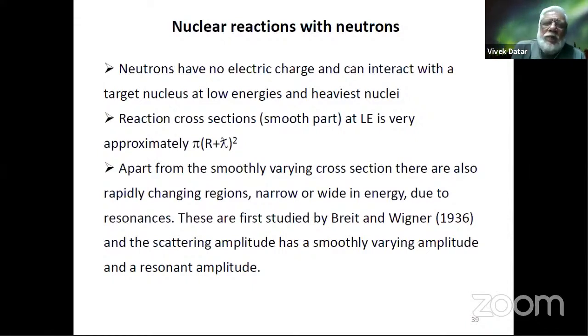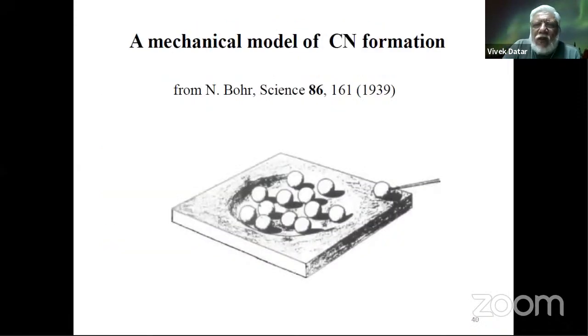So these were first studied by Breit and Wigner. They had been observed, or hints of that had been observed by experimentalists before that. And Breit and Wigner gave the theory for that. So you have the so-called Breit-Wigner resonance. So the scattering amplitude basically has a smoothly varying amplitude and a resonant amplitude. And I'll show a picture later from experiments which show these resonances.